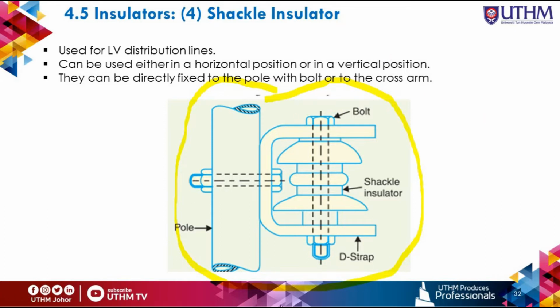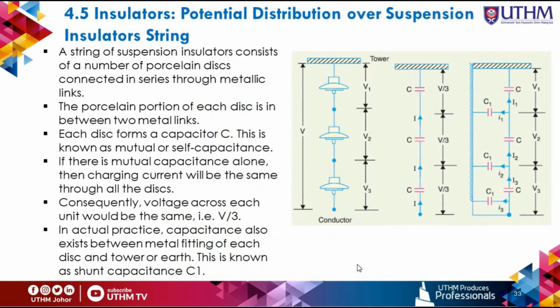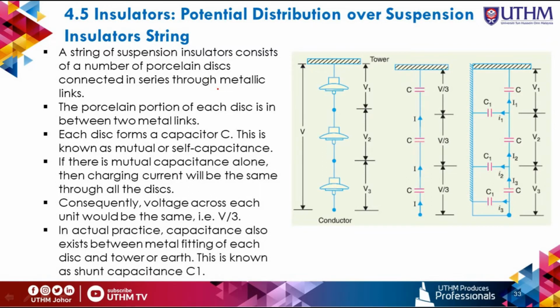Next, we look at the potential distribution over a suspension insulator string. A string of suspension insulators consists of a number of porcelain discs connected in series through metallic links.